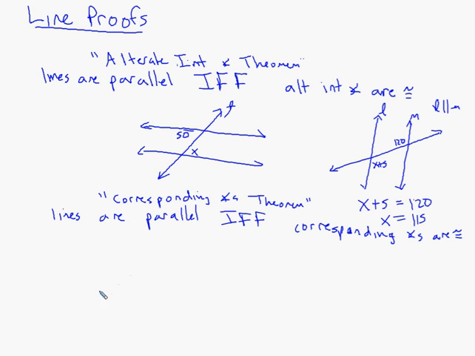All right, let's do one with the corresponding angles. So given that these lines are parallel, so L is parallel to M. If this is 100 and this is x, what's x? 100. If these lines are actually parallel. Make sense?